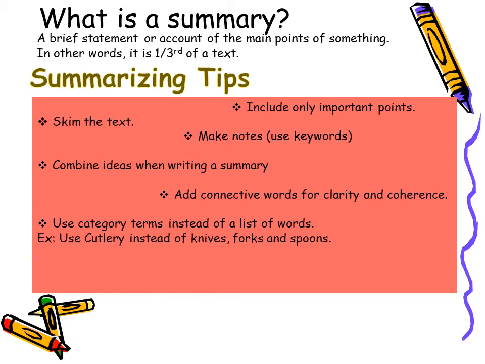I could give another example. What is the word we use when we want to talk about wooden chairs, tables, windows? Yes, you're correct. Furniture. So instead of writing lengthy words, many words, you can shorten them by giving a category term.